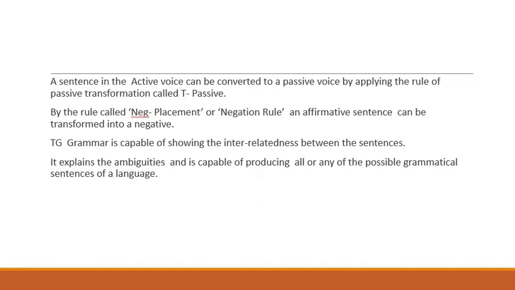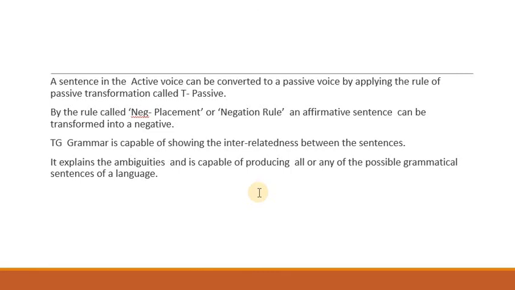Now TG grammar is capable of showing interrelatedness between the sentences, and it explains the ambiguities also, and it is capable of producing all or any of the possible grammatical sentences of a language. So by using TG grammar, we are able to produce almost all or any of the possible grammatical sentences or utterances in a language.